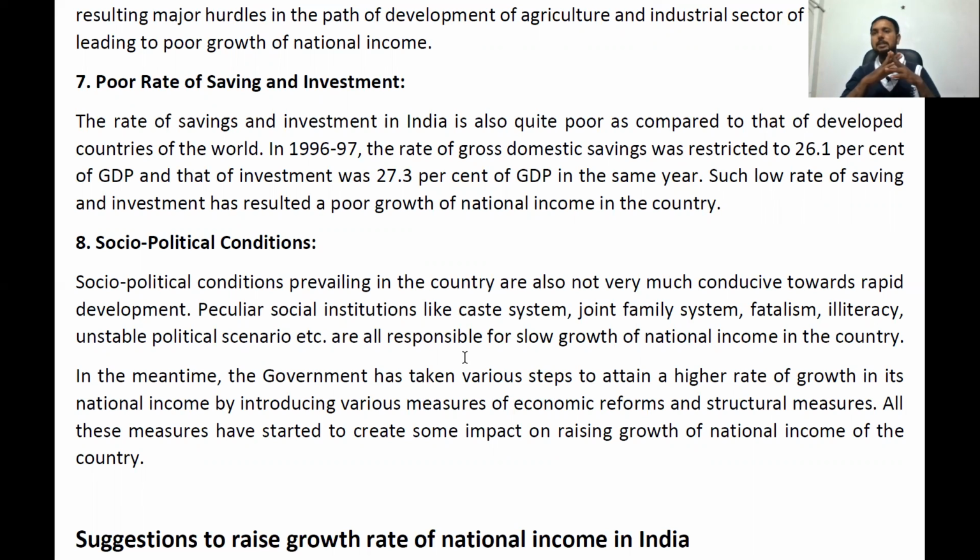Based on this there is a vast variety of people in India, and they have adopted different cultures and religions, and some live as a joint family, some live as a single individual family. So this kind of variety is available in our country, and based on this an industry does not get much growth to produce goods and services.